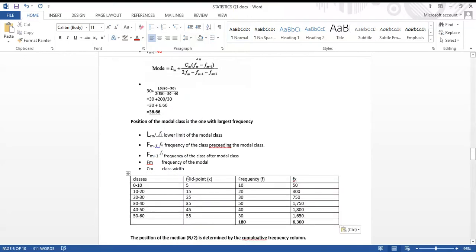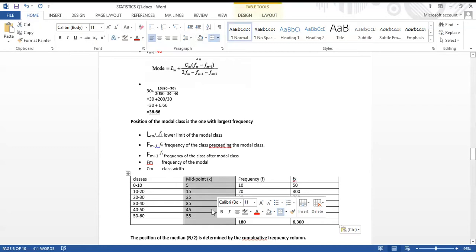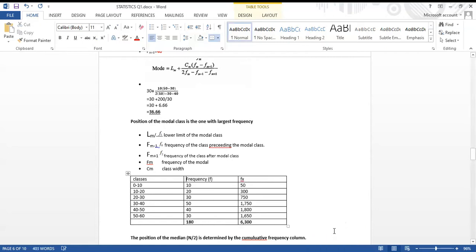All right. So here, this is where the cumulative frequency comes into play. CF, cumulative frequency. So we'll just be adding all these values.